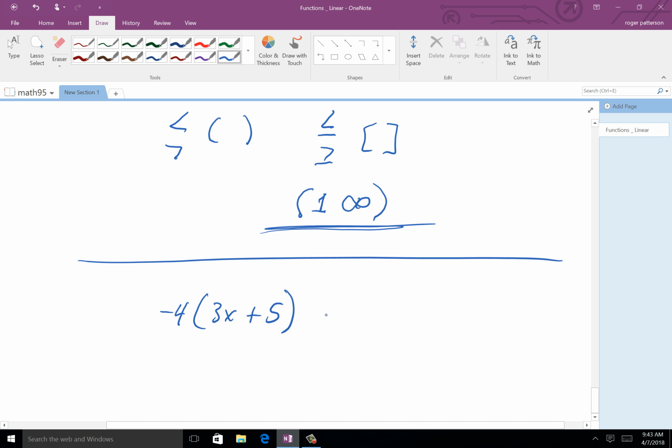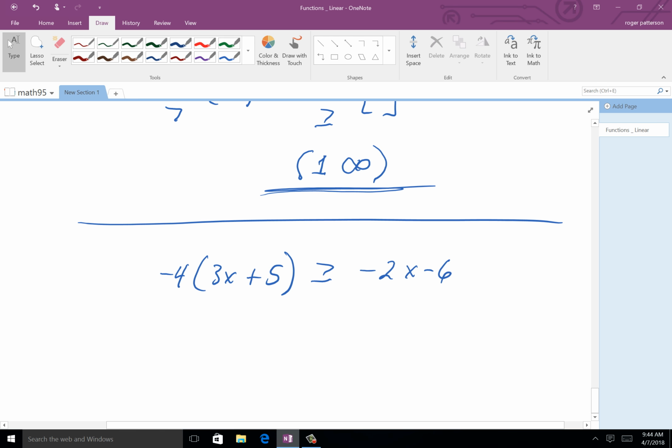So here's our problem. We're going to distribute this inside. Okay, so I'm just going to add this over here. Normally I probably wouldn't, but I'm going to illustrate something here. Add the 20. Add the 20.